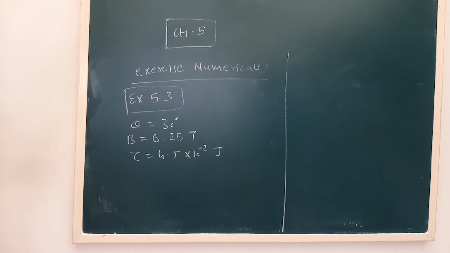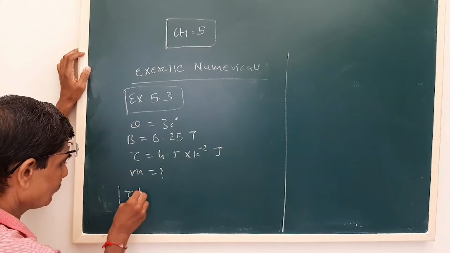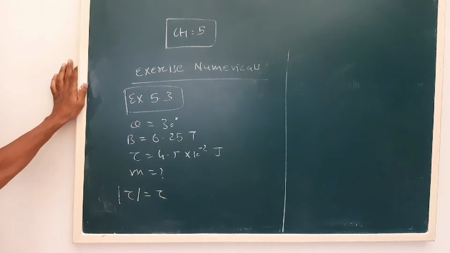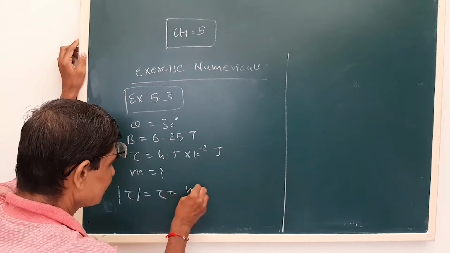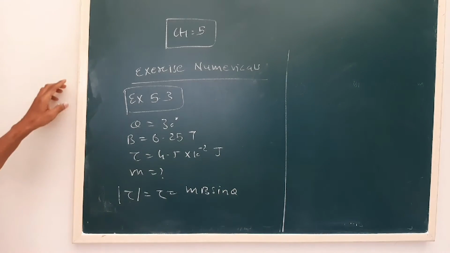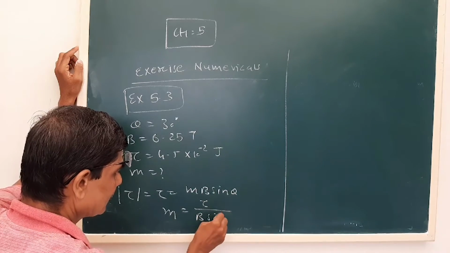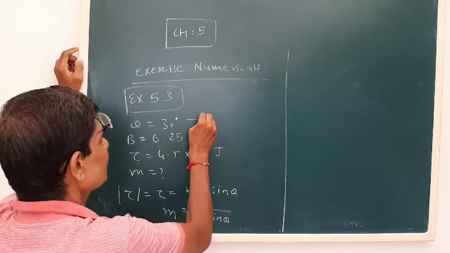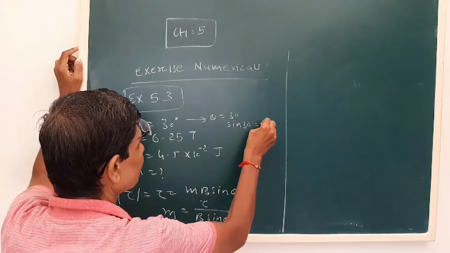Okay, now we have to find out the dipole moment. Now see, what is the formula for the torque acting on a dipole or a bar magnet placed in a magnetic field? It is m B sin theta. So we have to find out m equals torque upon B sin theta. Now here theta is 30, sin 30 will be 0.5.